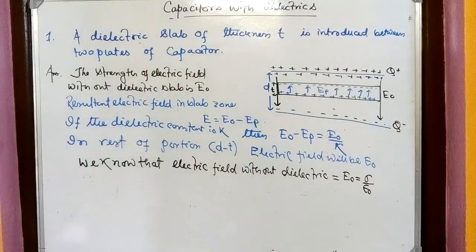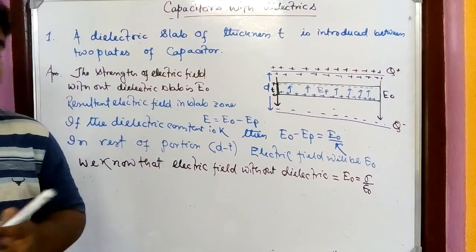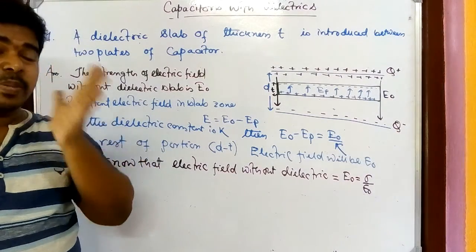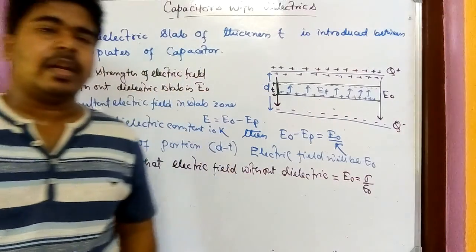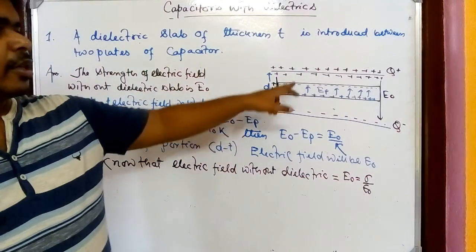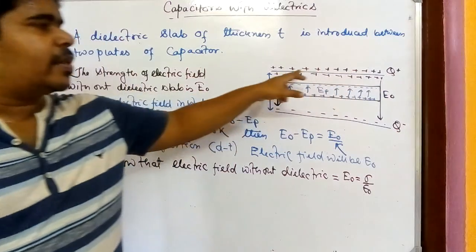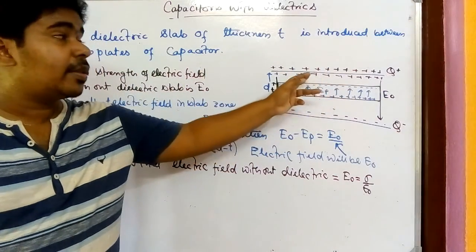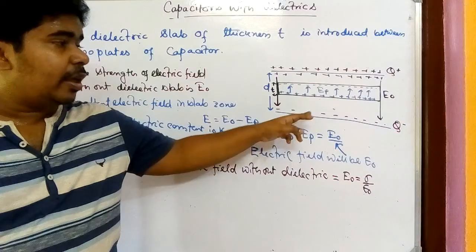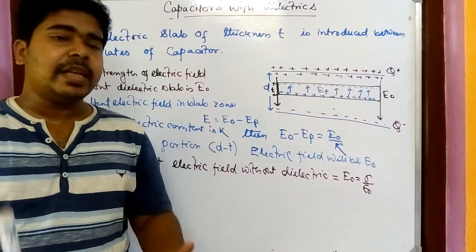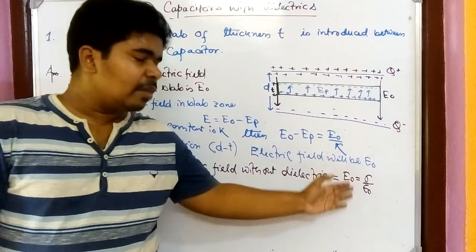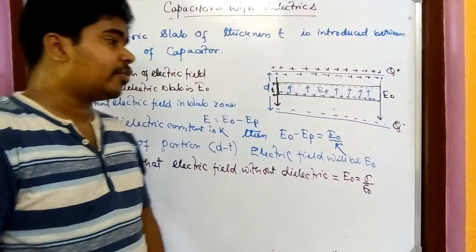I have told several times that the electric field in free space due to a capacitor is sigma by epsilon naught. I gave the proof: for the first plate, treated as an infinite plate, it is sigma by 2 epsilon naught. Here, for the other plate, it is also sigma by 2 epsilon naught in the same direction. If you add them, it comes to sigma by epsilon naught, which is the electric field.